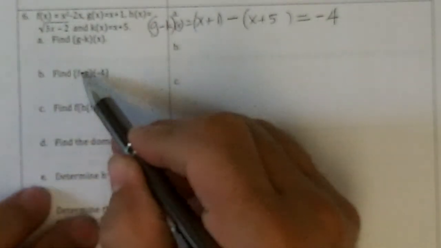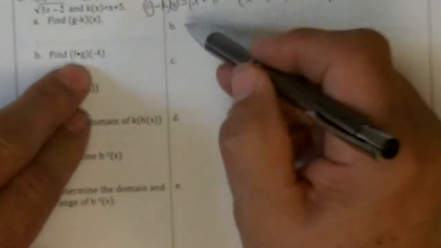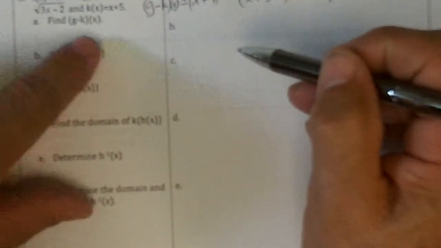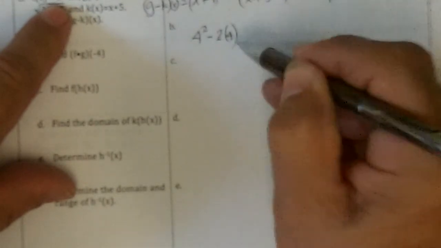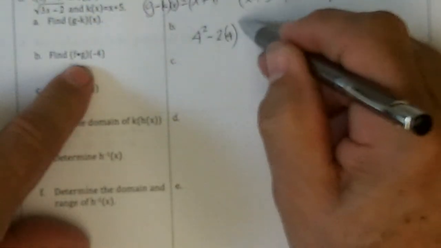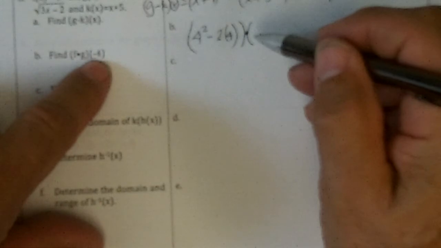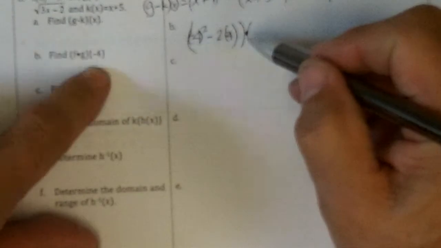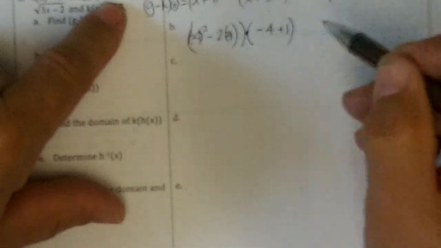Okay. B. This is times. This is a solid dot, so I'm not doing f of g, I'm doing f times g. So I got to put -4 into f and g and multiply my answers. So -4 into f, that's -4 squared minus 2 times -4. And all of that times, I'm supposed to put -4 into g, which would be -4 plus 1.